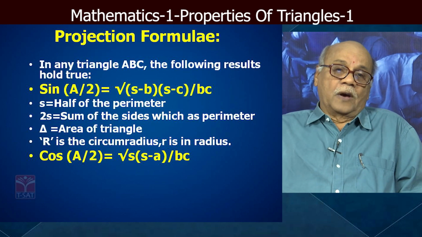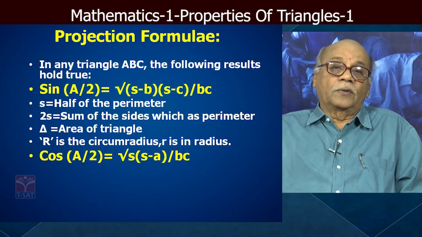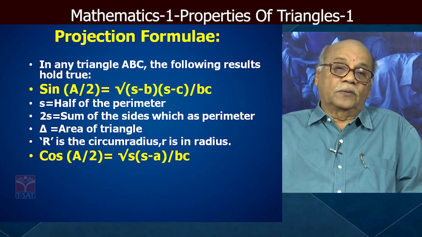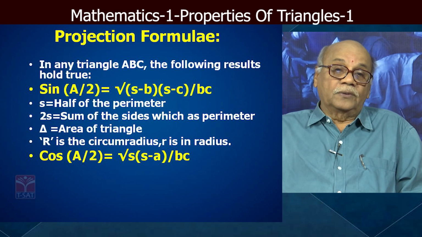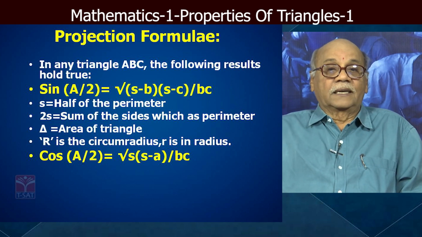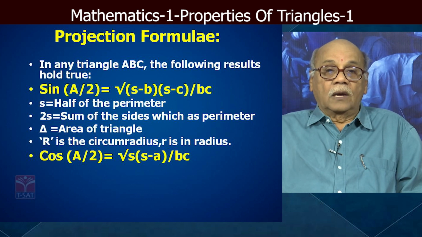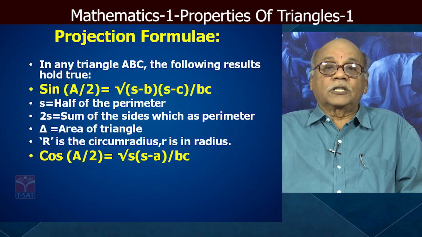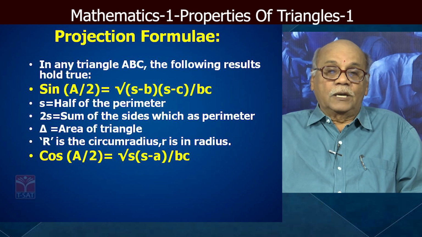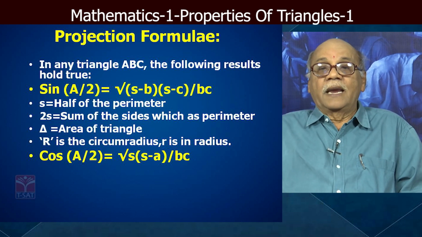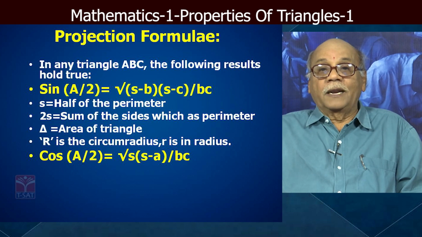The other formulae are the sine of half of the angles, cosine of half of the angles, and tan of half of the angles. Namely, sin A by 2 is equal to square root of (s minus b) into (s minus c) by bc, everything under square root, where s is nothing but half the perimeter.